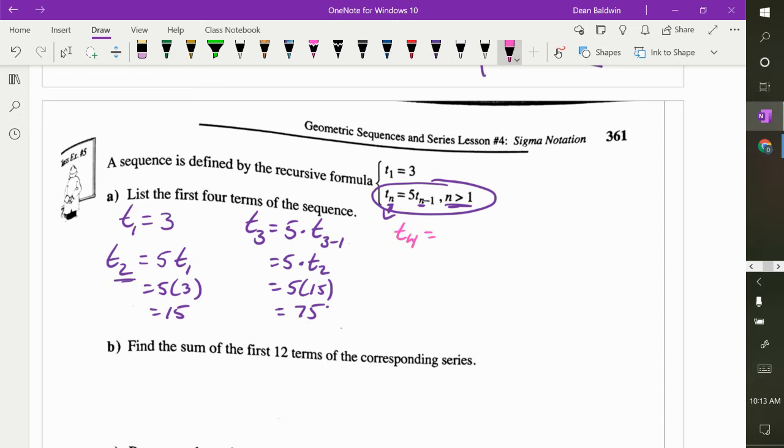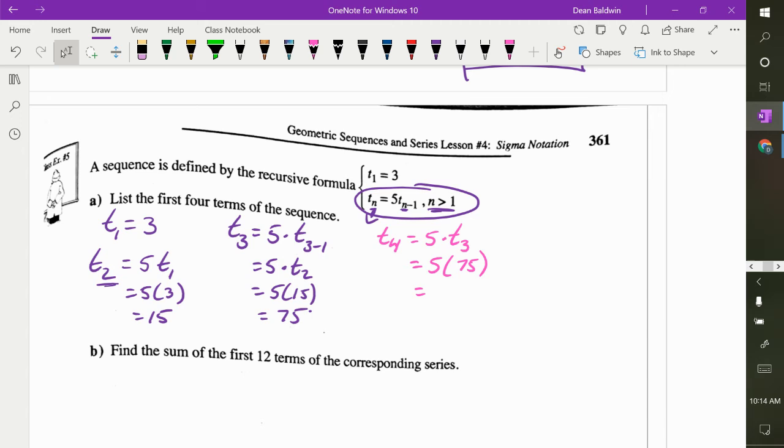375. What's 375 over 5? What is t4? 375. 25?